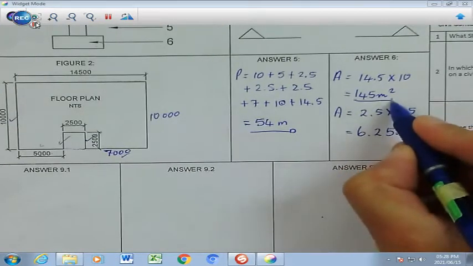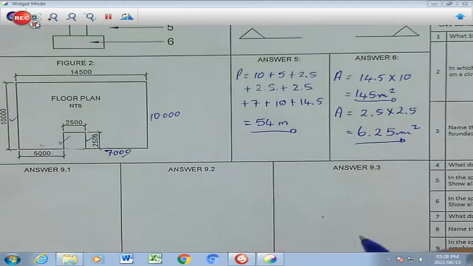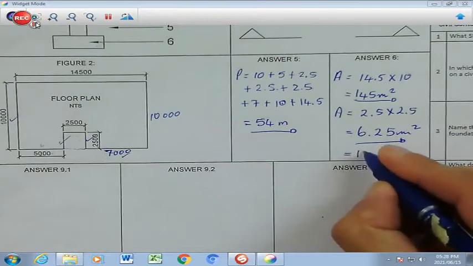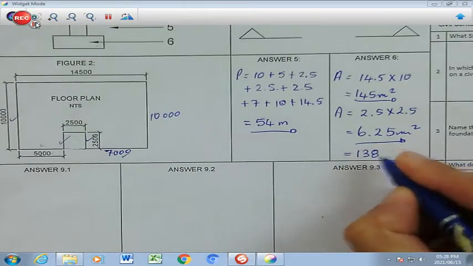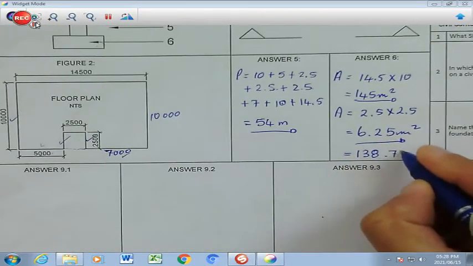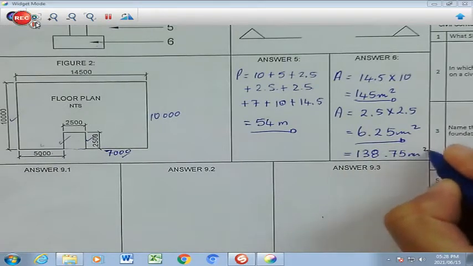And then we're going to subtract the 6.25 meters square from the 145 meters square, and that total is going to give you 138.75 meters square.